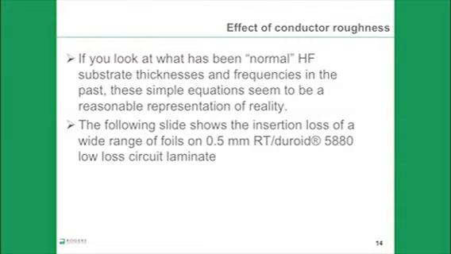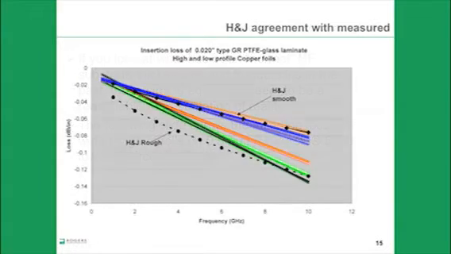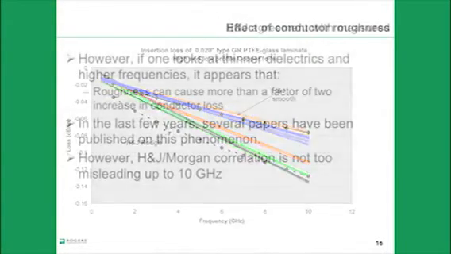On the next slide, we've got insertion loss data that we measured on a PTFE laminate at 0.20 thick, over a wide range of different conductor profiles. You can see that they fit within the extremes of what you calculate using the Hammerstad and Jensen model for both smooth and rough conductors.